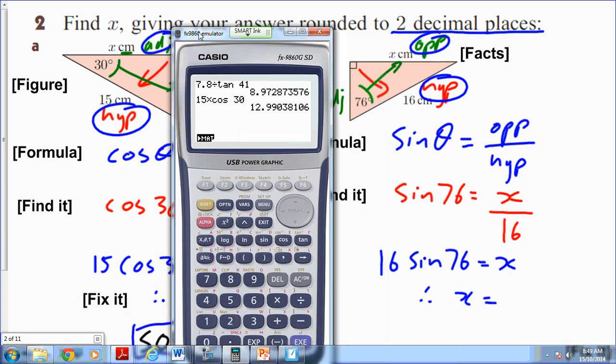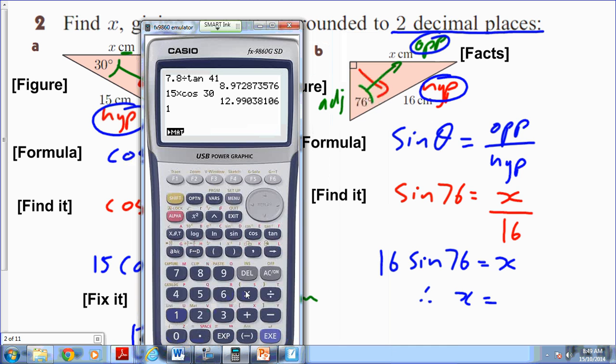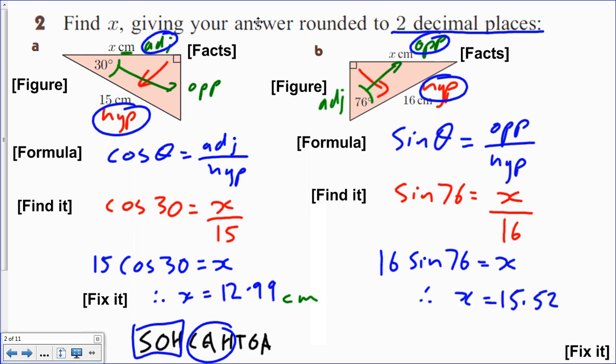Move our calculator over onto that side this time, and we go 16 times sine 76 equals, and then we've got 15.52, because the next number there is a 4, so that's 4 and below. Going back to here, we go to our little fix it section. We look up at the question, we notice they're in centimetres, so we need to make sure we put centimetres at the end.